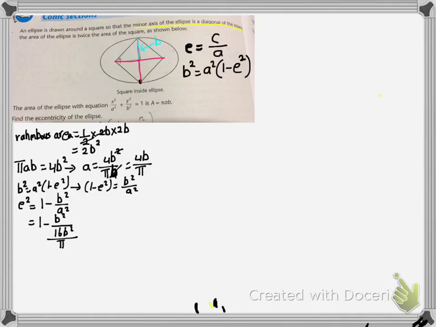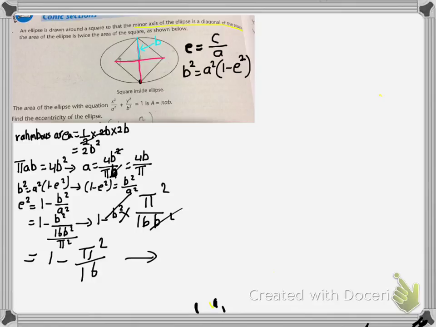If we substitute, rearrange and simplify, we will have 1 minus b squared times pi squared over 16b squared. Eliminating the b squared terms, you will end up with 1 minus pi squared over 16. So e equals the square root of 1 minus pi squared over 16.